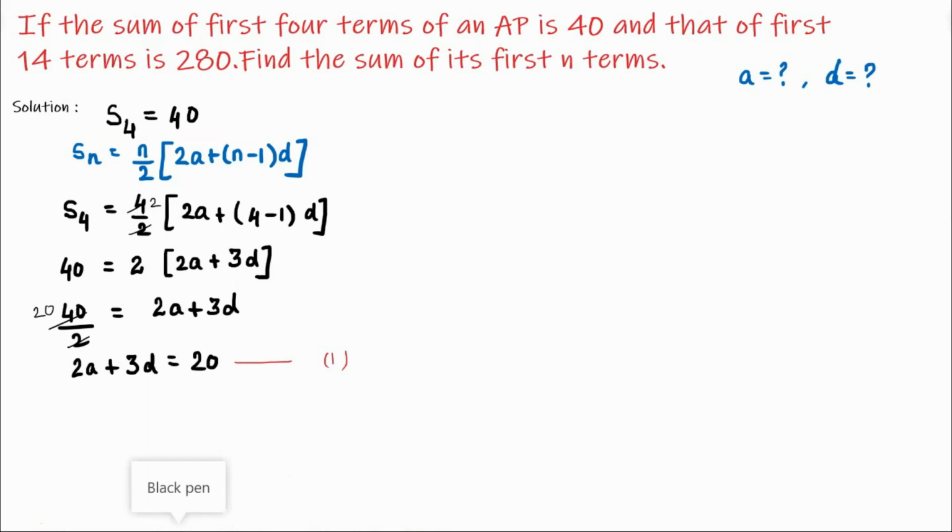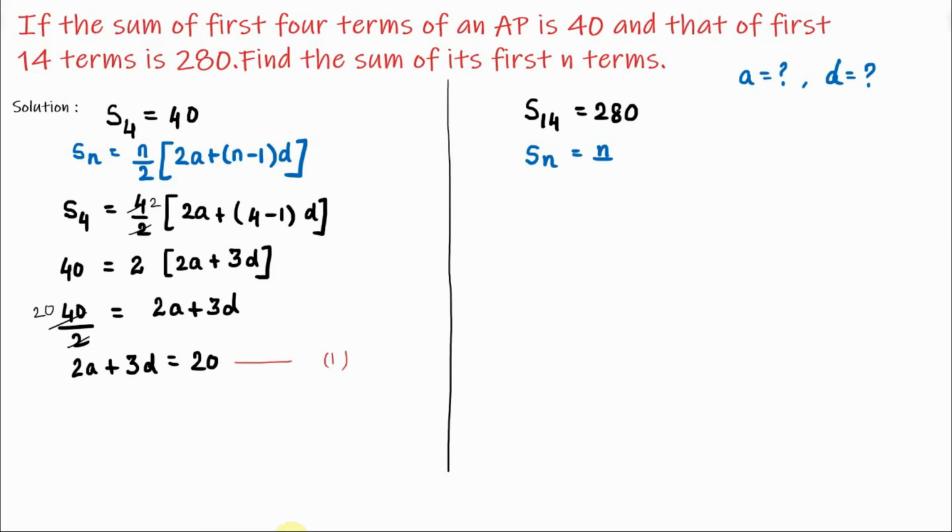Now reading the second part of the question, we have the sum of 14 terms is 280. So we write S14 as 280. Now in this case, the value of n for us becomes 14. Substituting it in the given general formula for the sum of the AP, we can obtain the second equation.